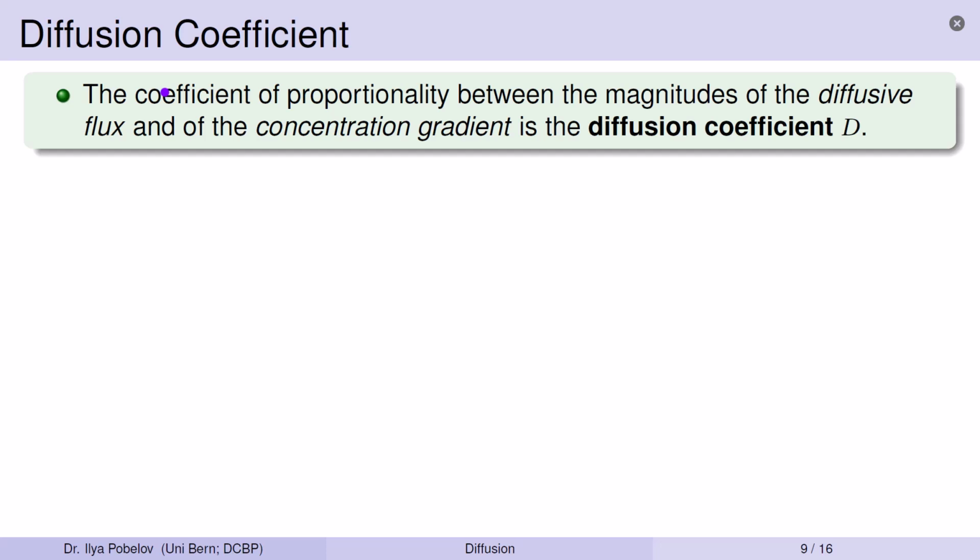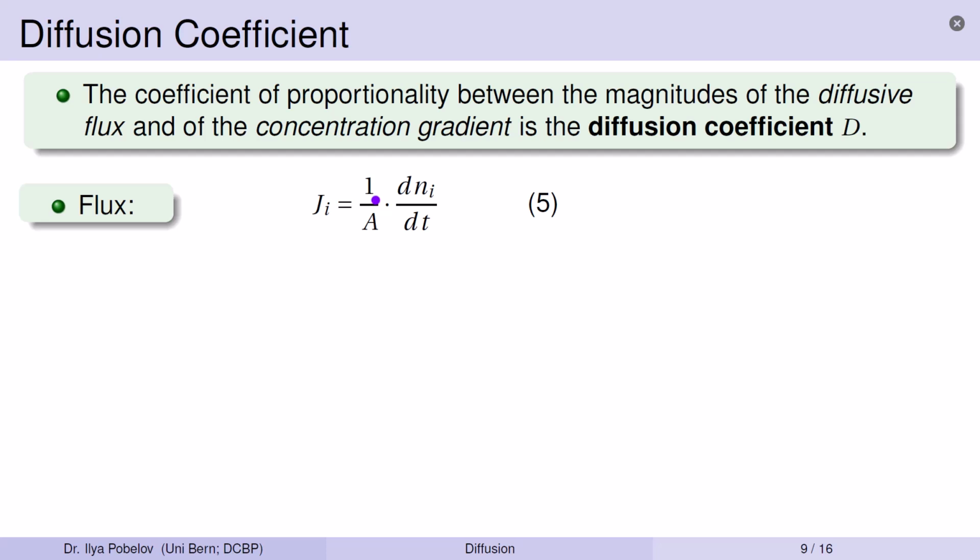The coefficient of proportionality between the magnitudes of the diffusive flux and of the concentration gradient in Fick's first law is represented by the diffusion coefficient D. To deduce the dimension of the diffusion coefficient D, we need to first understand the dimensions of both the flux and the concentration gradient.